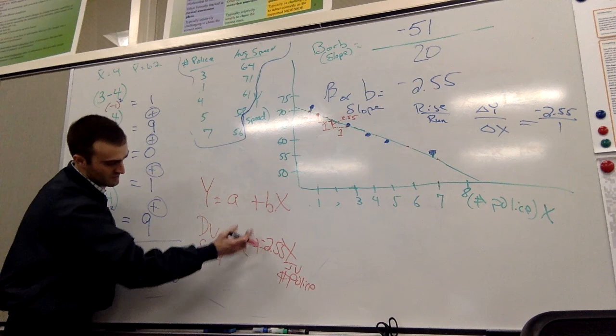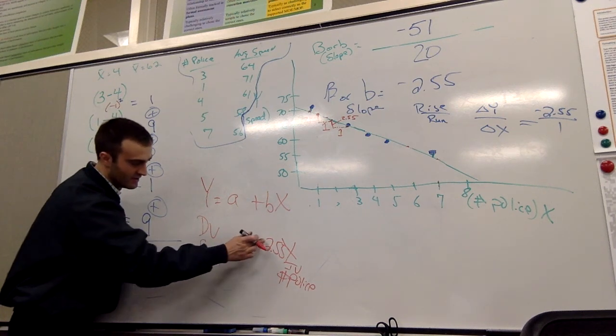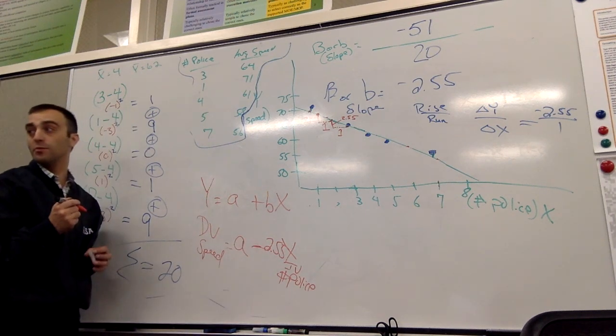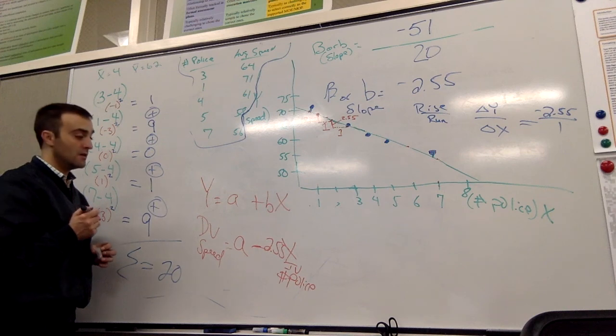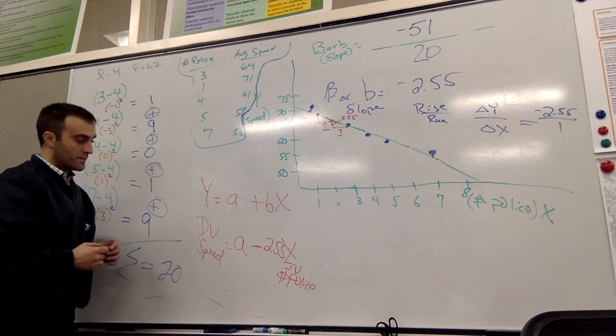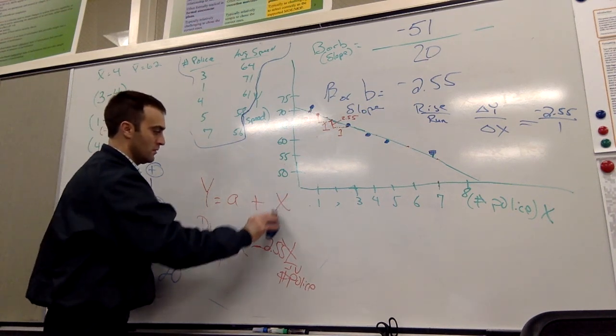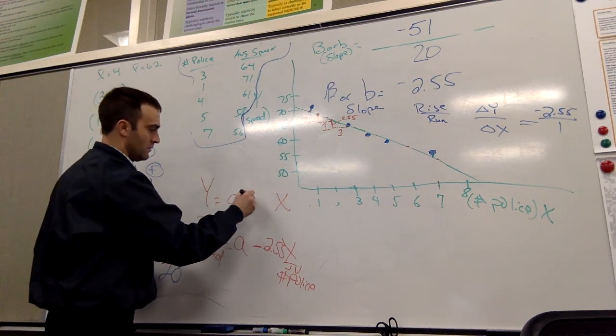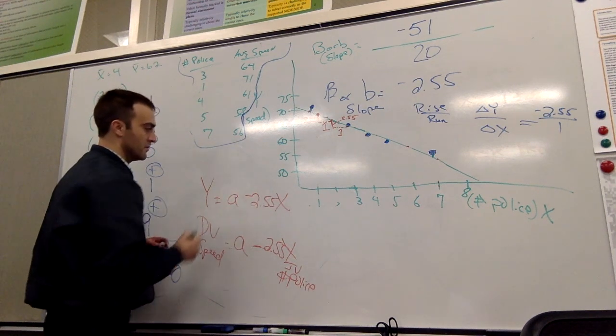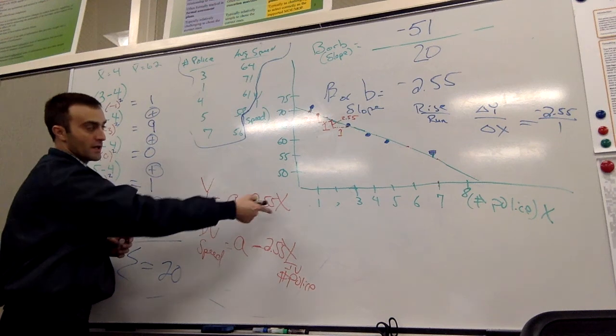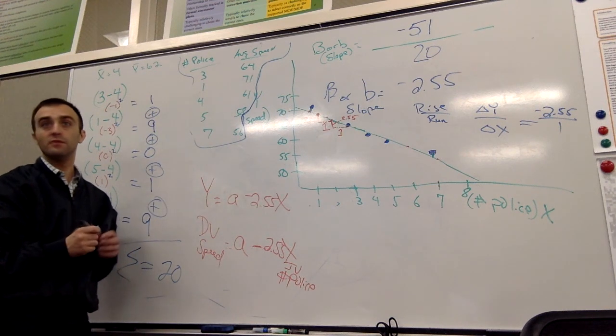So if you have a positive and a negative, it's now a minus 2.55x. So y, or our dependent variable, equals a minus 2.55x.